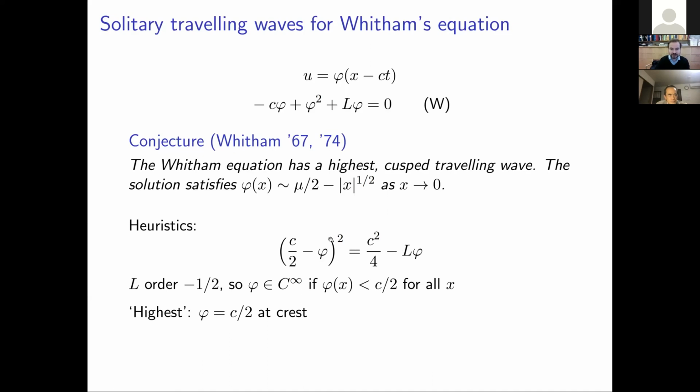Whenever we can take the square root of both sides, we can do a bootstrap argument to show that if we start with a solution with some low regularity, it will actually be smooth. But as soon as phi reaches c/2, this argument breaks down. So that's at least a heuristic argument for why we get the singularity when phi touches c/2.